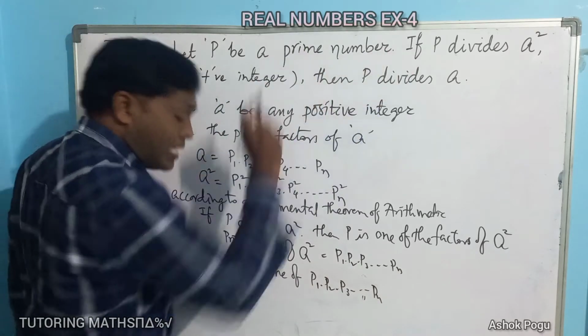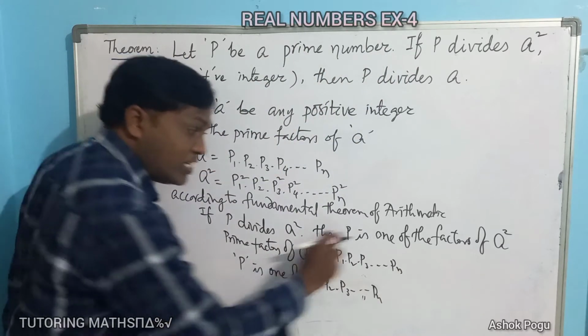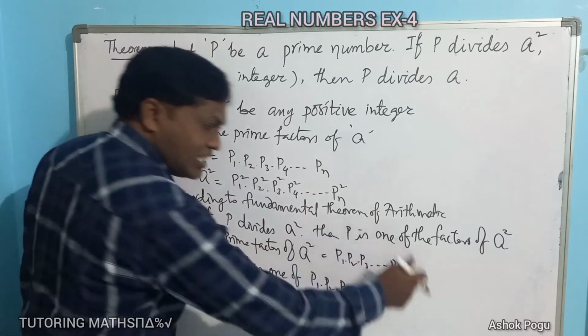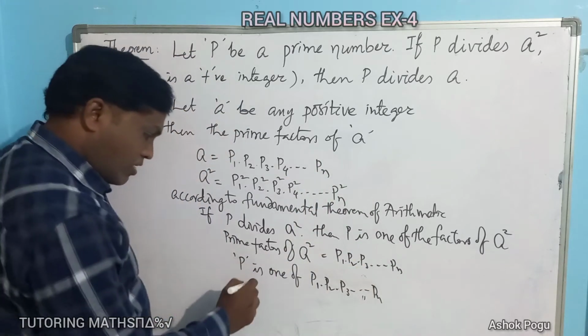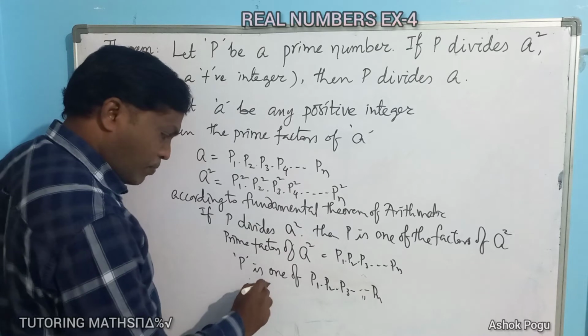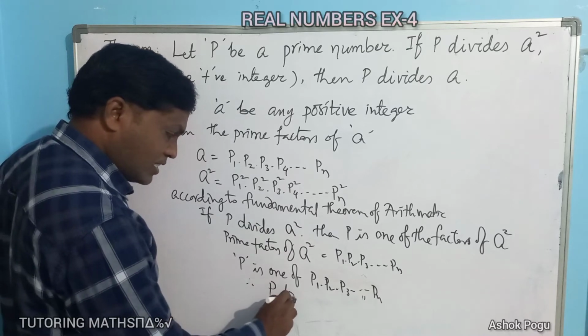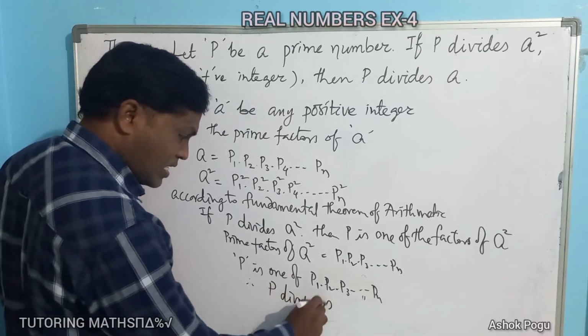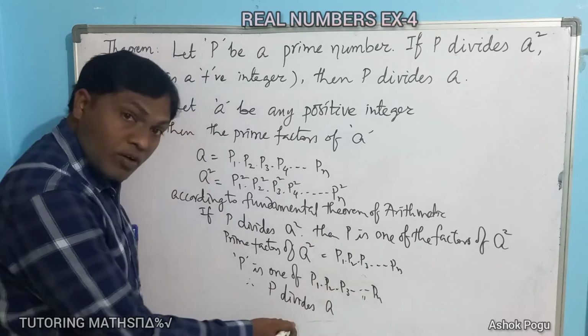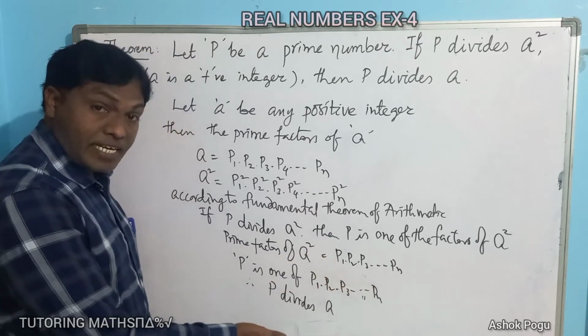According to this theorem, p is one of these factors. So therefore we can say that p divides a.